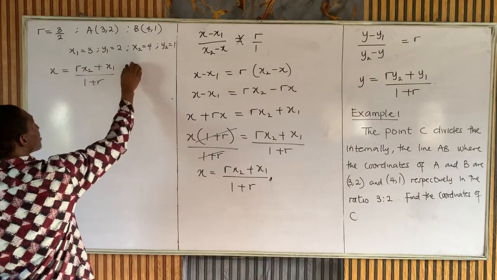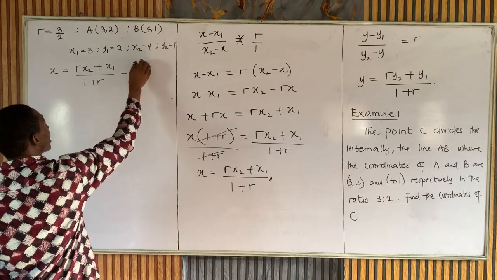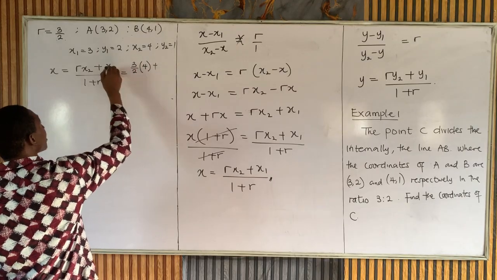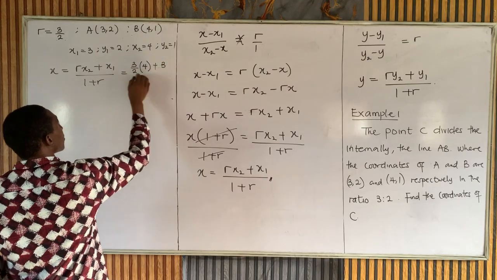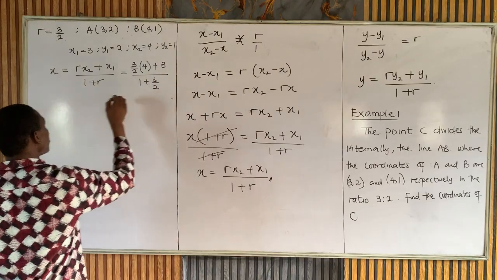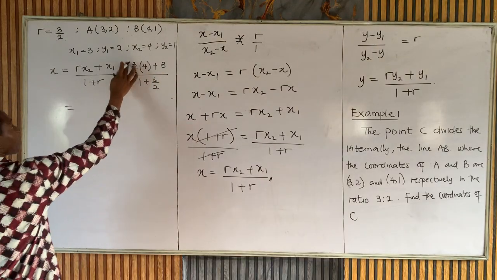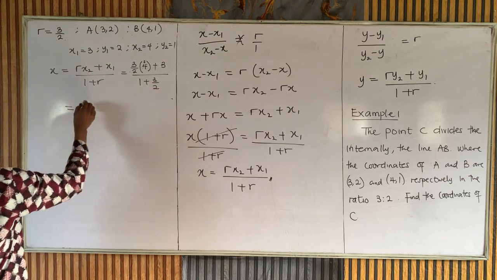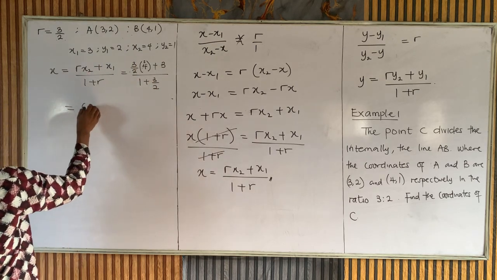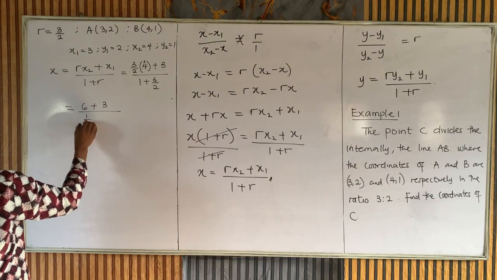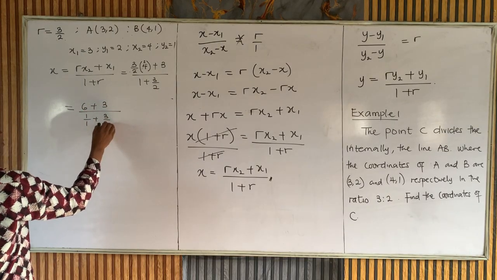Now our r is 3 over 2 into our x2, which is 4, plus x1, which is 3, over 1 plus 3 over 2. And so this will give us 2 into 4 is 2. 3 times 2, that's 6, plus 3, over 1 plus 3 over 2.